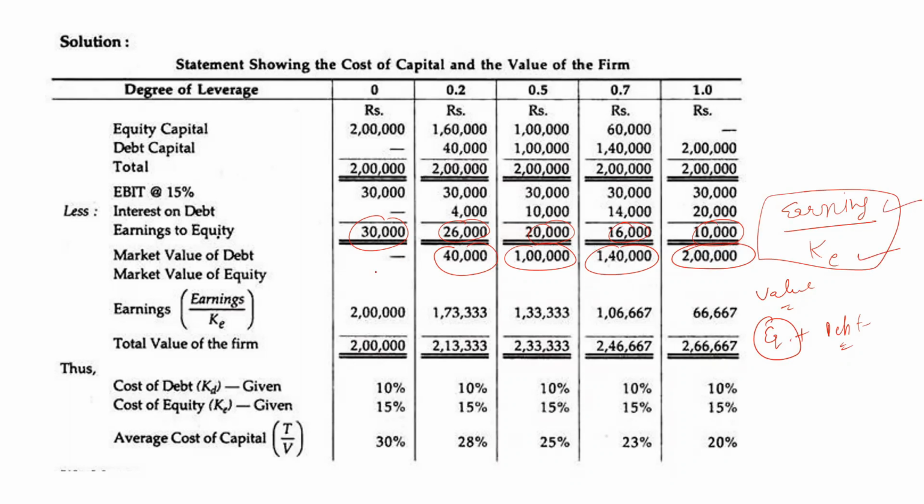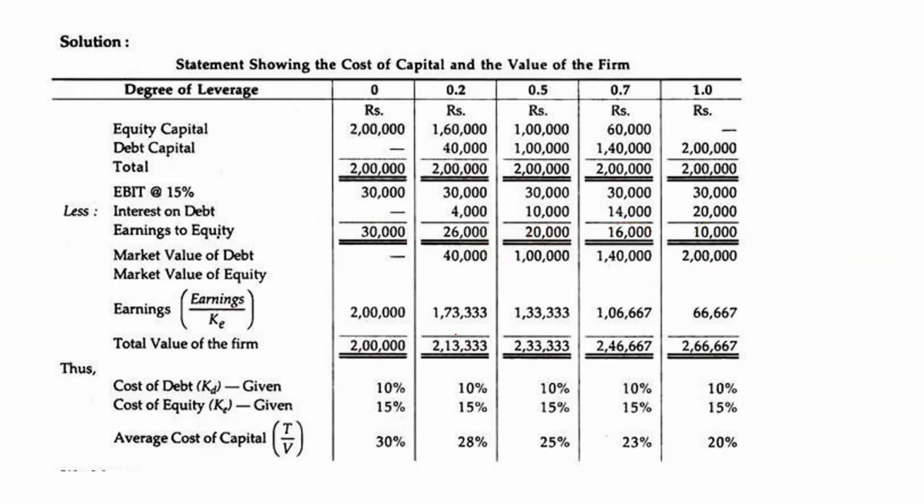When you solve this, the individual level of equity capital can be known. When you add these two, equity and debenture, you are left with the total value of the firm. You can simply see, by making a comparison, that the value of the firm is higher when the firm is using 100% debenture.